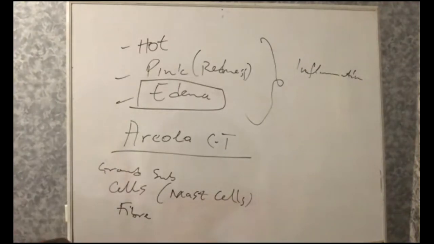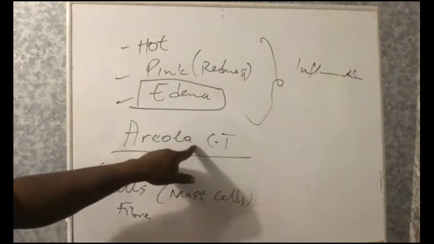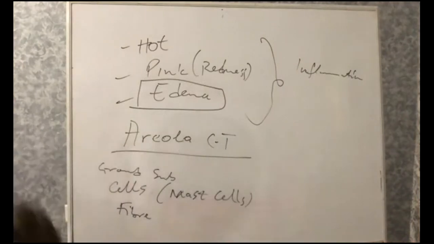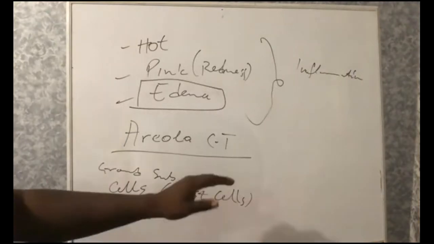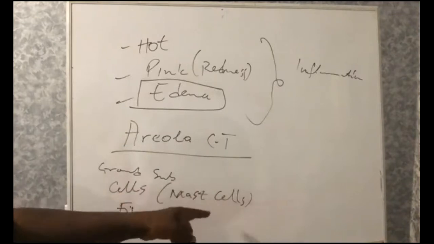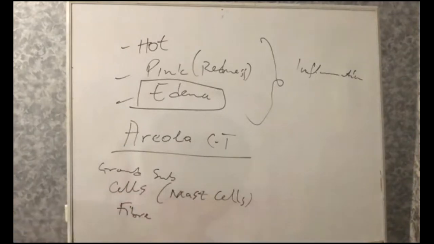Because this areolar connective tissue is found in almost every part of our body, it helps in the inflammatory process, and it gives the mast cell a place to reside. So if there is damage going on in our body, the mast cell will quickly react. But look, the patient had a bee sting.